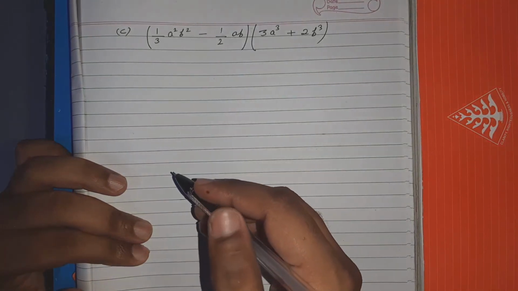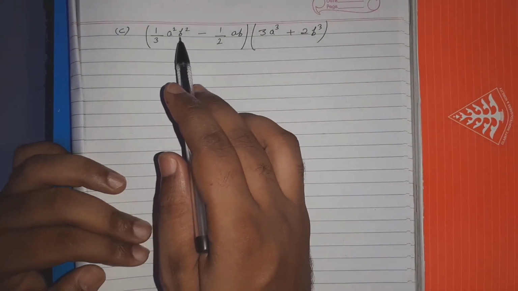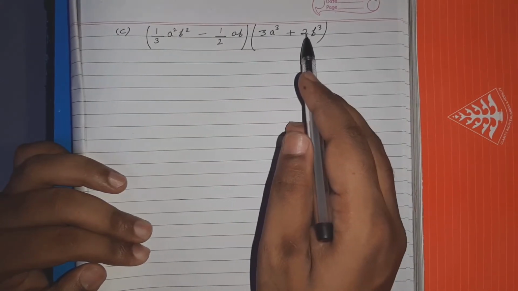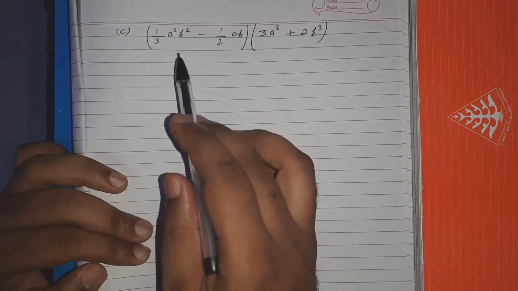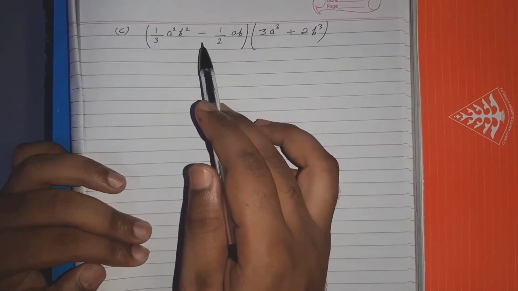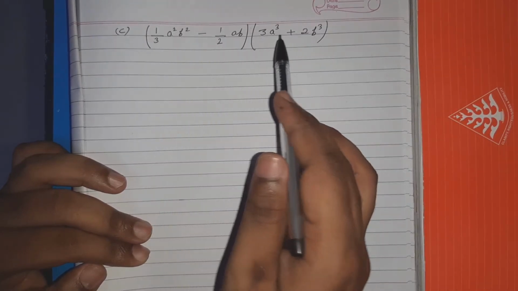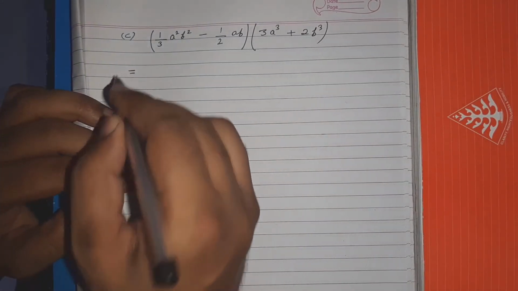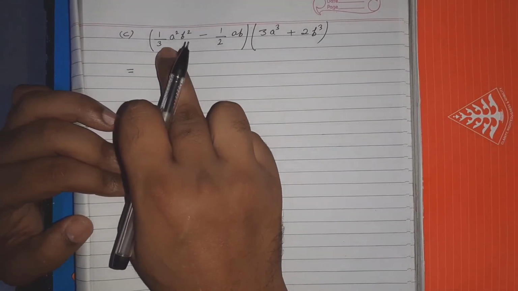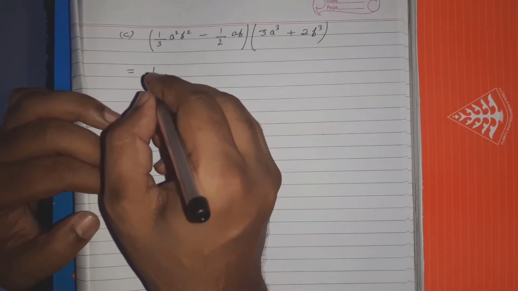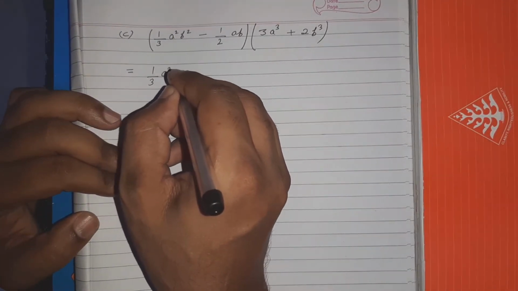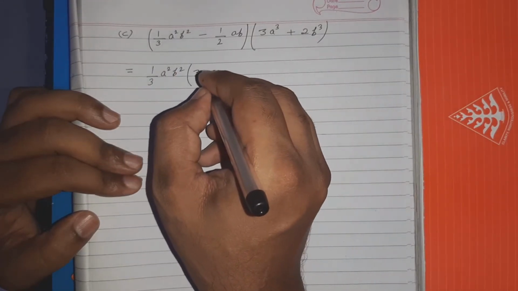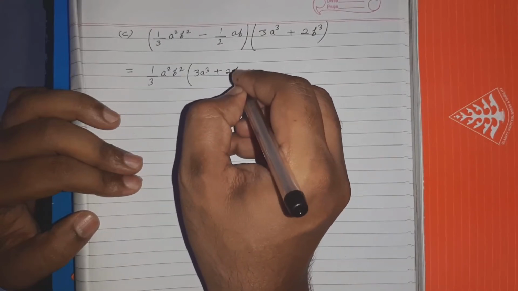Now the C part is 1 by 3a square b square minus 1 by 2ab multiply 3a cube plus 2b cube. So now these two expressions are binomials because it contains two terms. So first we will take the first term of first bracket, 1 by 3 a square b square, multiply by the second bracket 3a cube plus 2b cube.